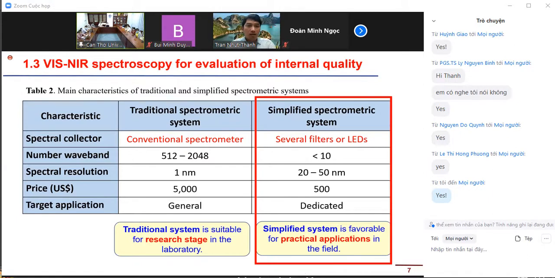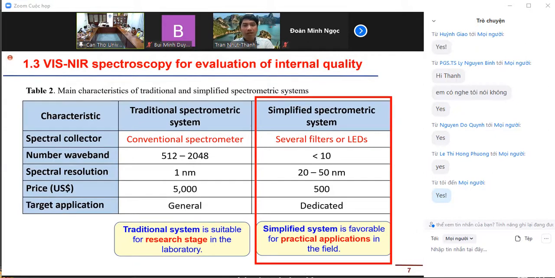The main difference between our study and their study, even in other fields, is that in this study we just use a simplified system. In their study, most of them use a conventional spectrometer to collect the data, and this spectrometer is very expensive.